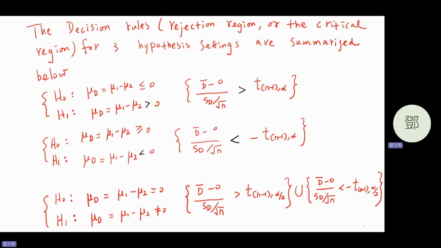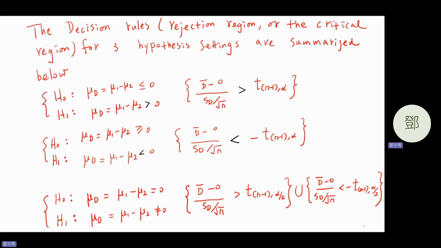The first setting is the right tail test, one-sided test. The second setting is the left tail test, left-sided test. And the third one is the two-sided test. This is the critical region, or the region to reject the null hypothesis.